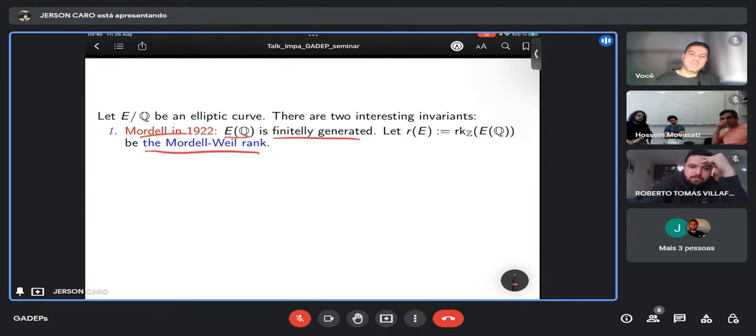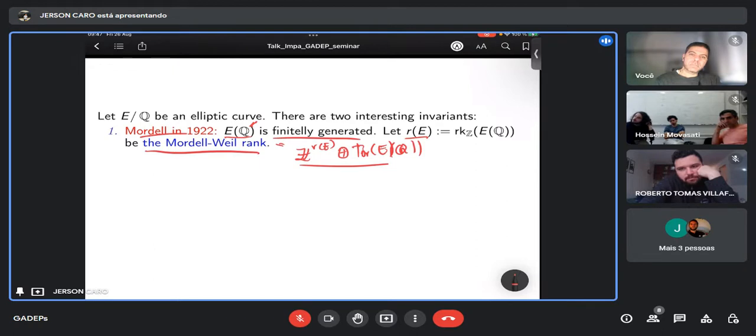For this reason, we know that E(Q) is Z to the r, where r is the rank, plus a torsion part. The torsion part of E(Q) is known. The difficult part to compute the structure of the rational points is the rank, and computing that number is extremely difficult.